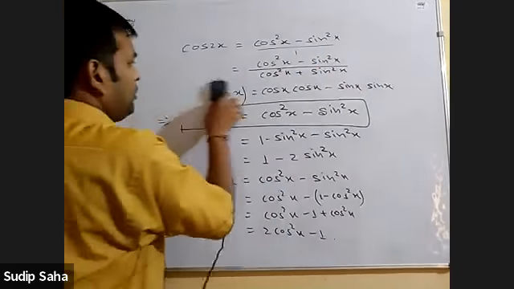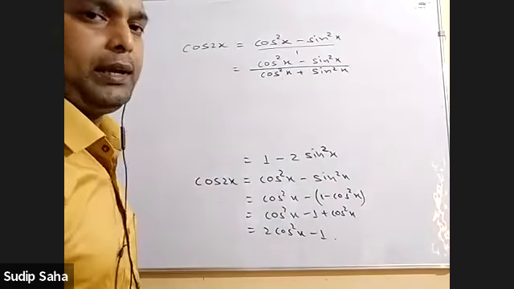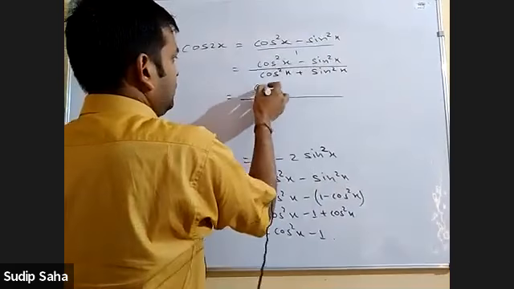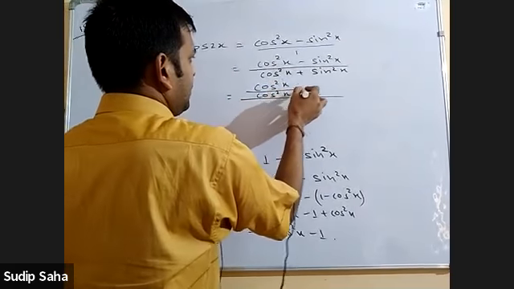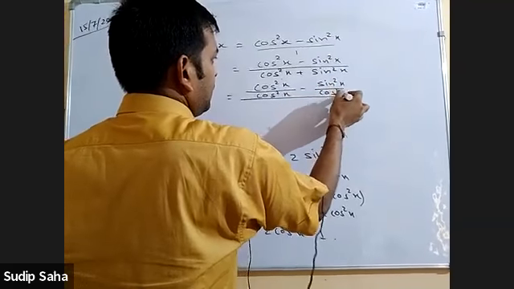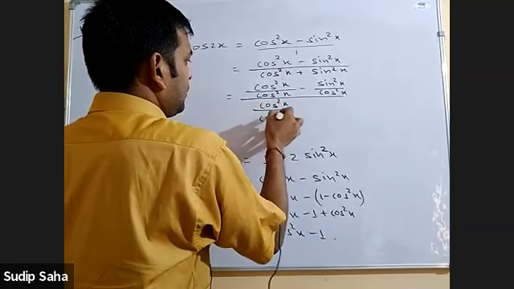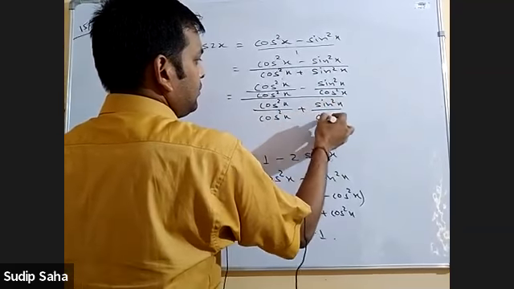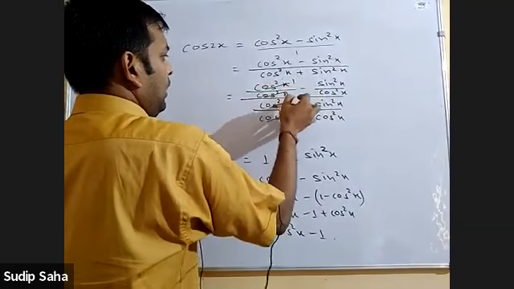Now divide both the numerator and denominator by cos square x. Then we'll get both terms in terms of tan. So this is going to cancel one, going to cancel one.